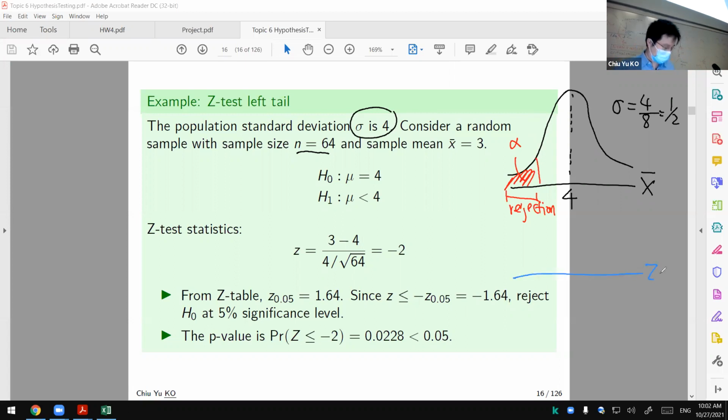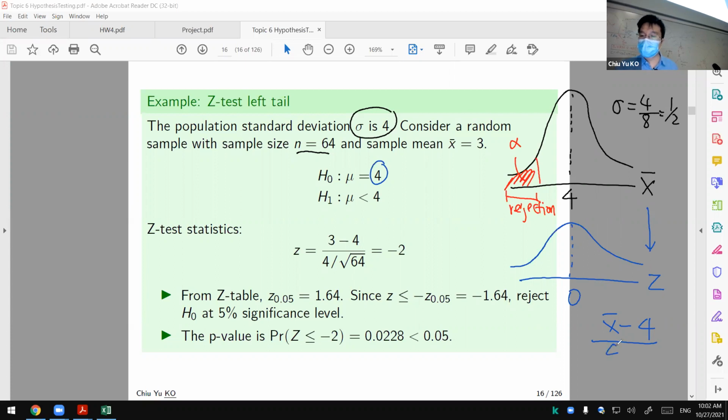Z is here. Sorry, it's not dark enough, I use a darker tone. Z is here, and you convert it to 0. How you get from here to here is x bar minus the mean, which is 4, divided by 1/2, or 4 over root 64.